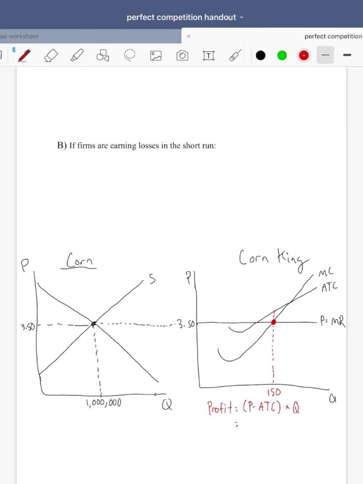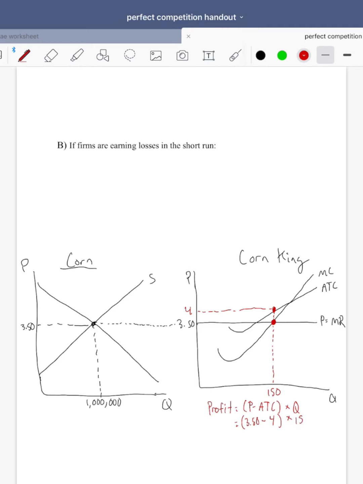Profit is equal to price minus our average total cost times quantity. With the price being, well, first let's find our average total cost. So if we're producing 150 units, let's say that our average total cost is going to be, let's put it right at $4.